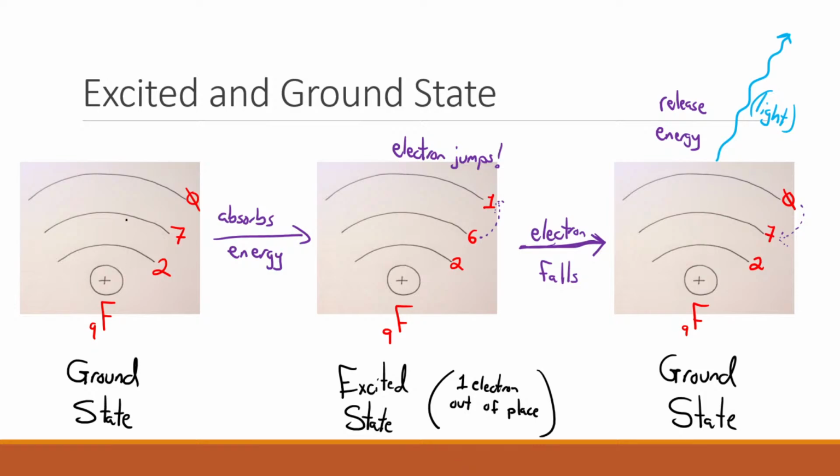And so this process of absorbing energy, electron jumping, electron falling, and then releasing energy, is a split-second process. This happens super quickly, and it happens over and over and over again.